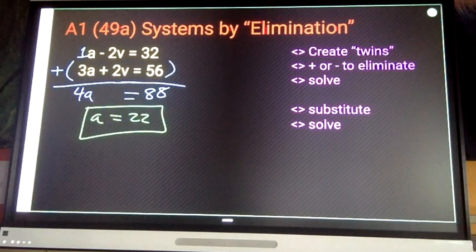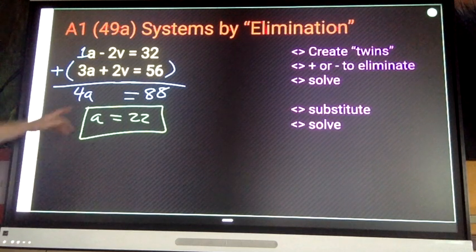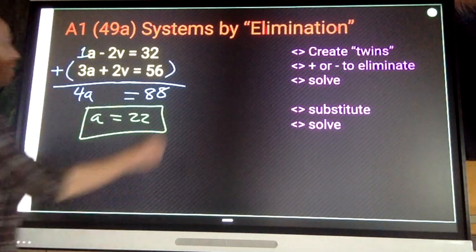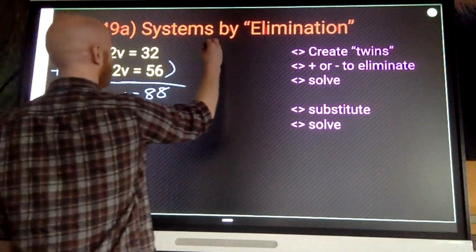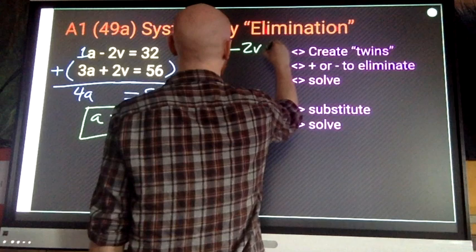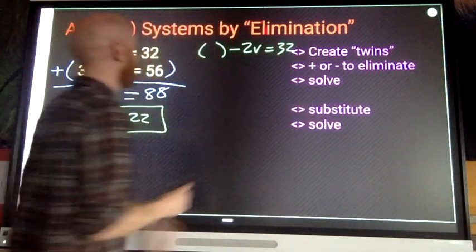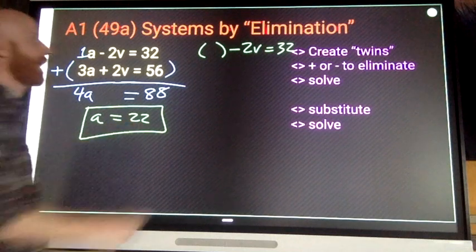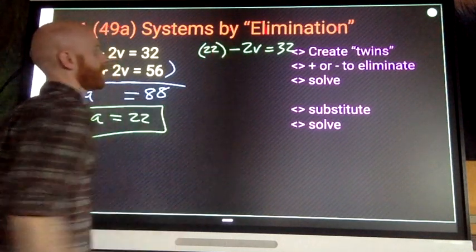That's half of my answer. I could choose either one of these two equations. I'm going to choose the top one. So a minus 2v equals 32. Instead of writing a, I will write what I now know a equals. It's 22.